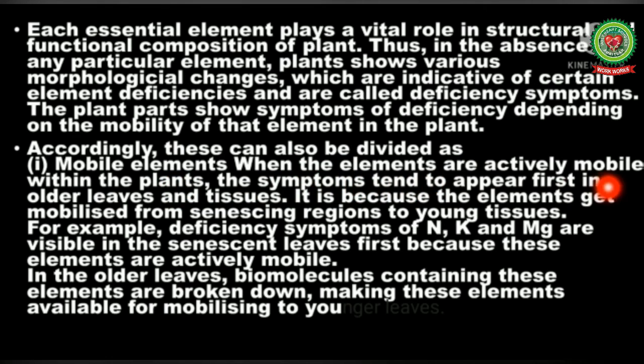It is because the elements get mobilized from the senescing region to young tissues. For example, deficiency symptoms of nitrogen, potassium and magnesium are visible in the senescent leaves first because these elements are actively mobile. In older leaves, biomolecules containing these elements are broken down, making these elements available for mobilizing to other regions of the plant.